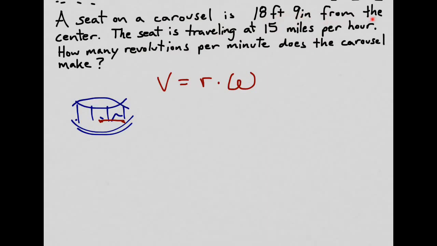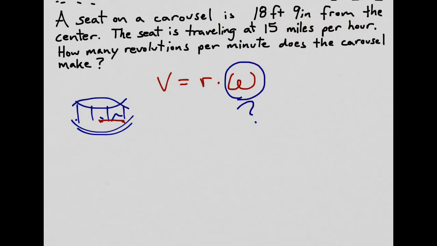So 18.9 inches, that's the distance from the center, that corresponds to the radius. 15 miles per hour. Miles is a linear measurement, and so this is linear velocity. That corresponds to v. So for this problem, we have a value for v and we have a value for r, but we don't know omega. So omega is the thing that we're trying to figure out.